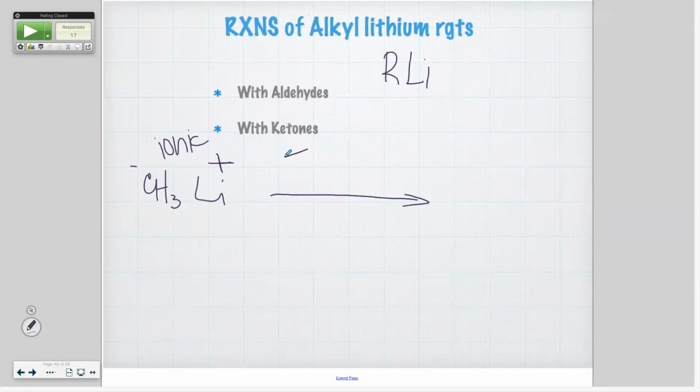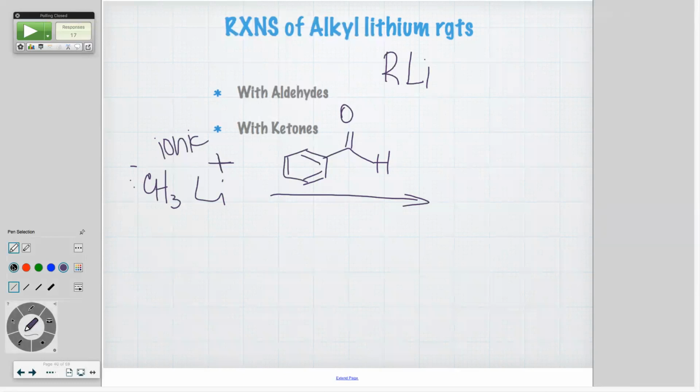So I'll just make you one. How about benzaldehyde? If you've never heard of benzaldehyde, it smells like almond. It's actually found in almonds. All right, so what do you think we're going to do? Well, what did we do the last time we had a C negative and a carbonyl?